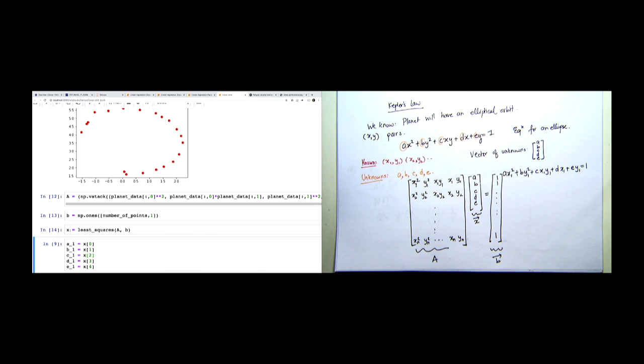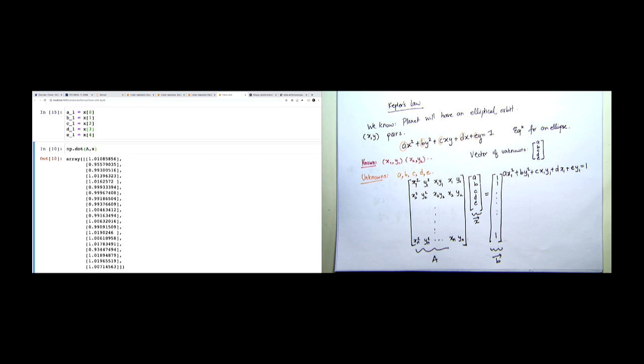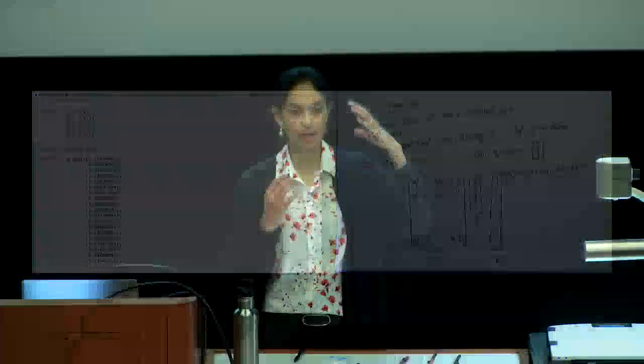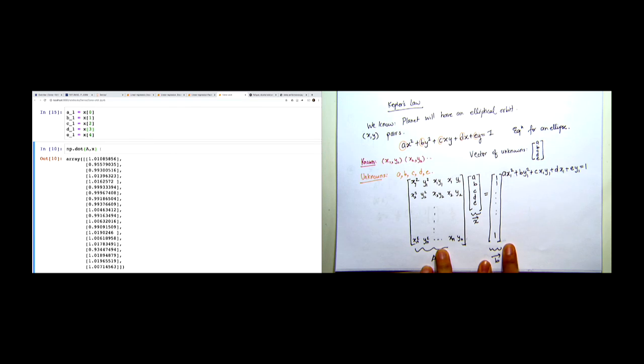I do least squares, I get my x out, and I expect x to have length 5, so I pull out all of the entries of x. And then I look at A times x, right? Because remember, A times x is the approximation of vector B. What is vector B? We expect B to be a vector of ones.